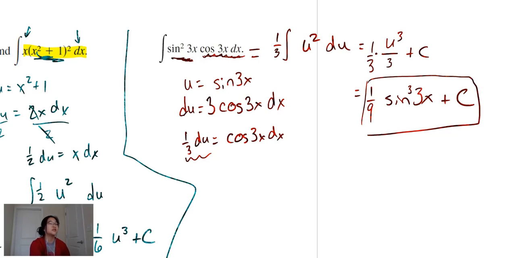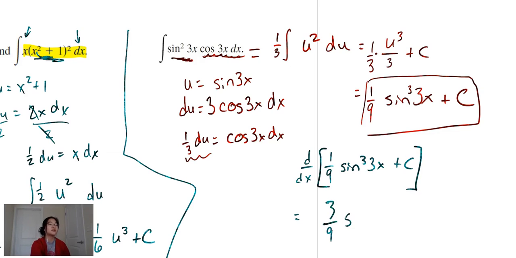And if we're slightly concerned, because sometimes we are, we can check our work. And how do we check our work? Do you remember? We can just take the derivative. So d/dx of 1/9 sine cubed of 3x plus c. And what do we get? 3/9 sine squared 3x times cosine 3x times 3 plus 0.